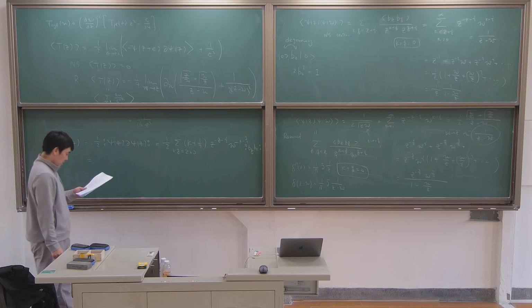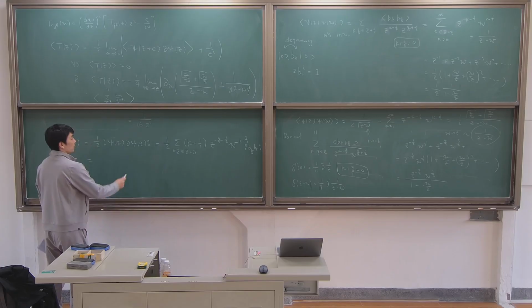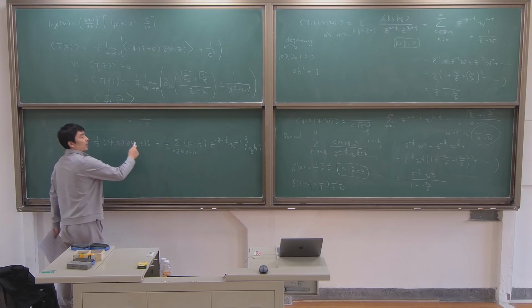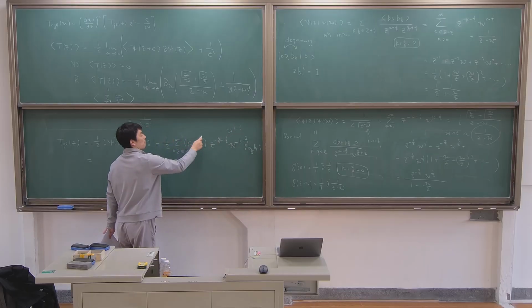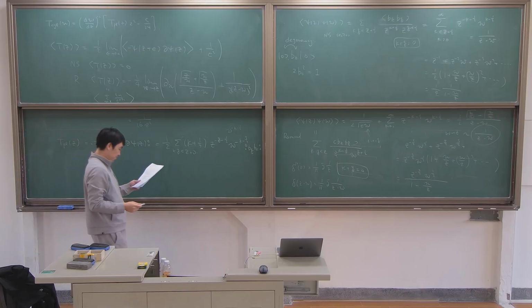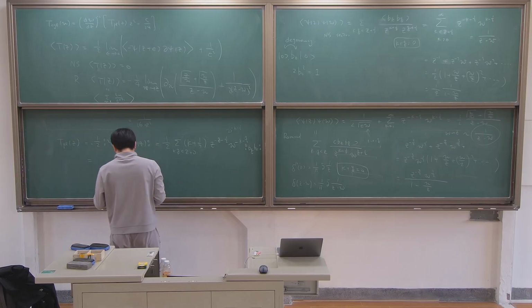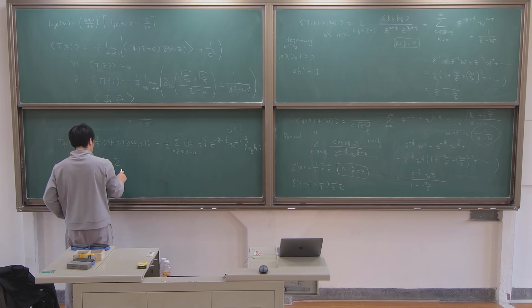Okay, and then here, the derivative acts on b minus k, which will give you this term. And again, this can be rewritten as follows.